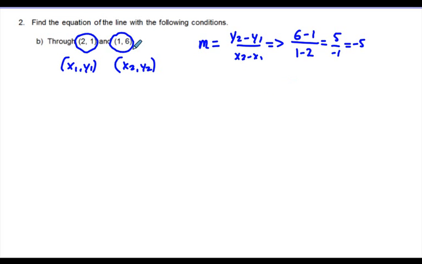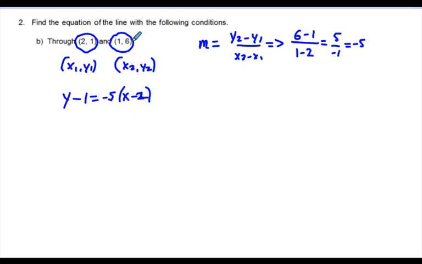And so we can use either of these points in point-slope form. We can write this as y minus 1 equals negative 5 times quantity x minus 2, and alternatively we could use the other point.